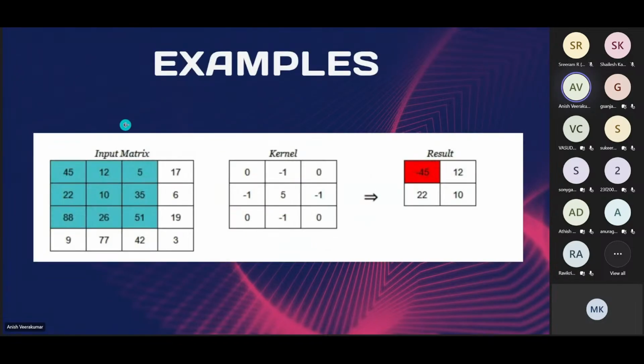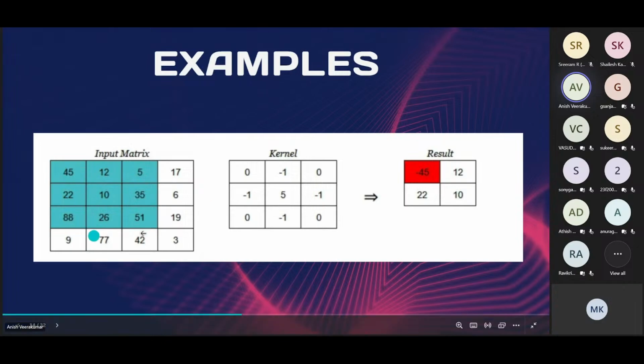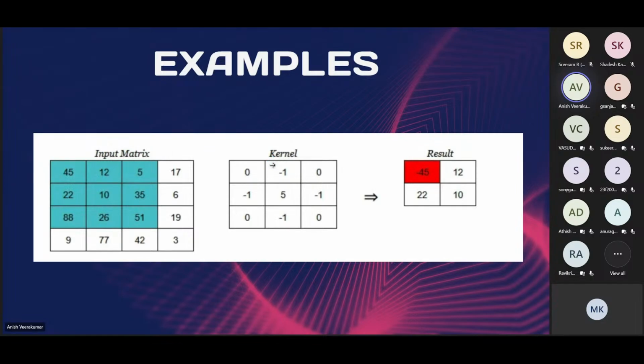Someone was asking about convolution, so here's an example. We're assuming this is the kernel while this entire thing is the image. It has 16 pixels here. As I said earlier, convolution is essentially just a dot product. You multiply the corresponding elements in both the 3x3 cell from the input matrix and the kernel.